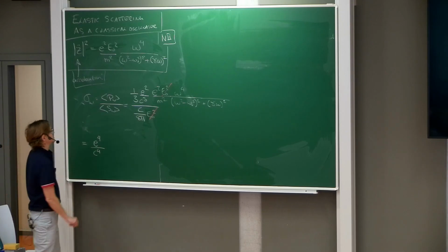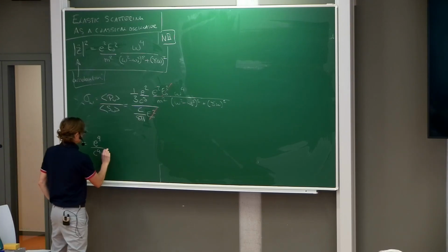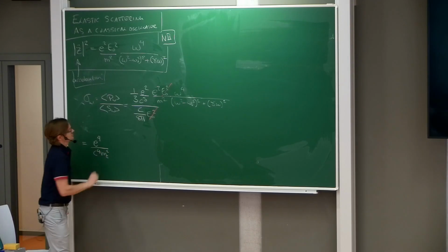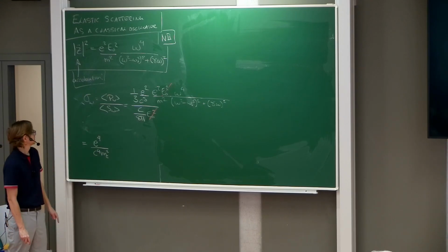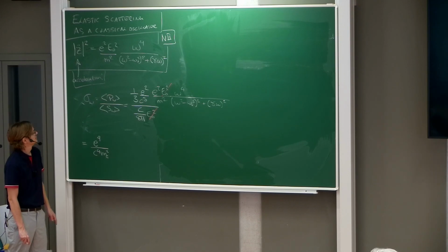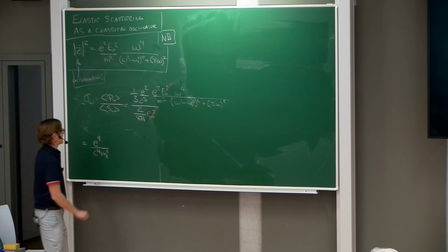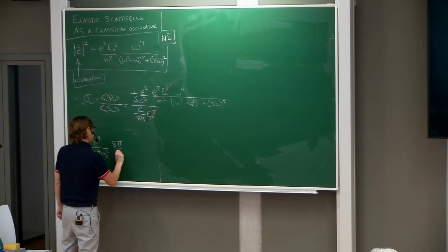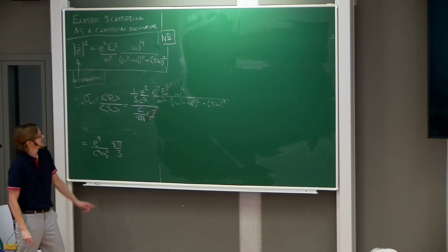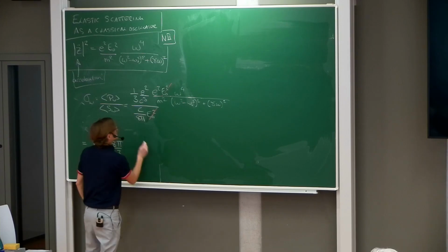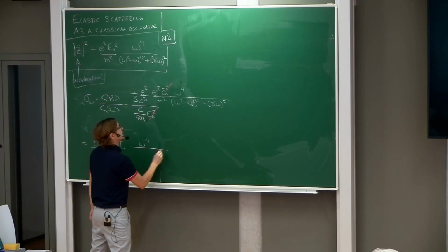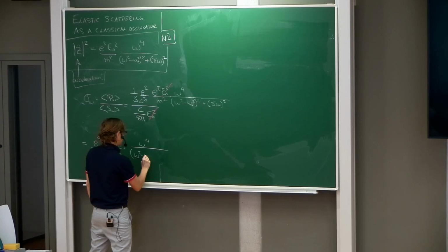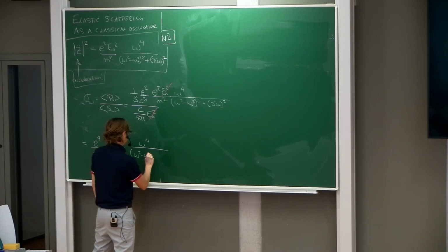We have m², the mass of the electron squared, and then 8π divided by 3. And then I have this thing here, which contains the frequency dependence.